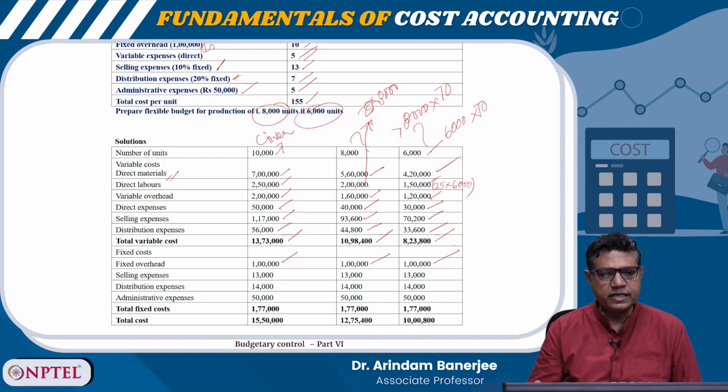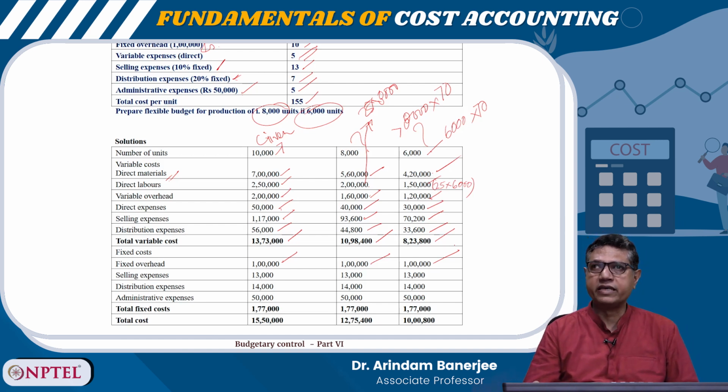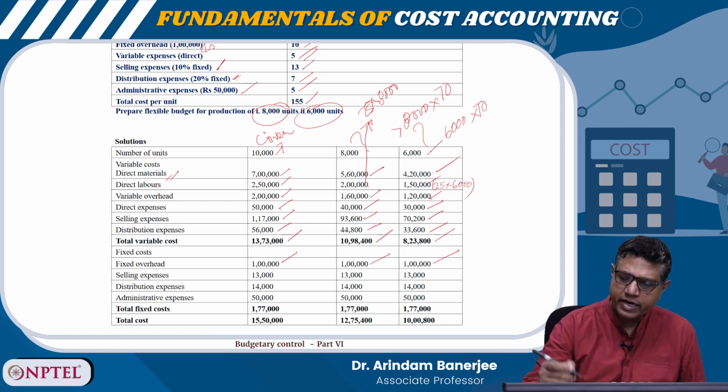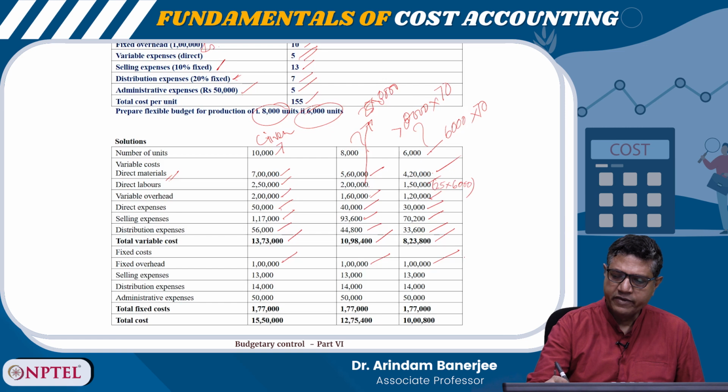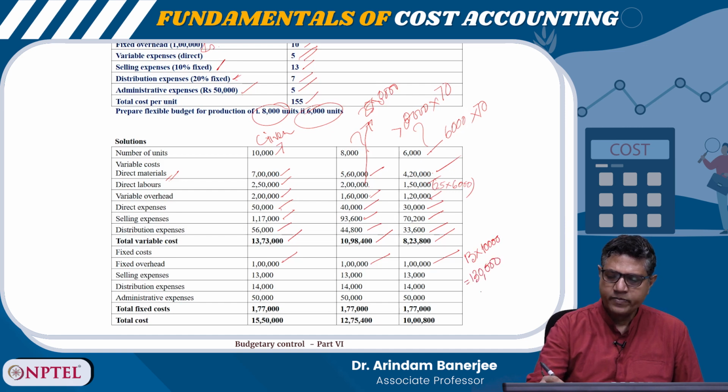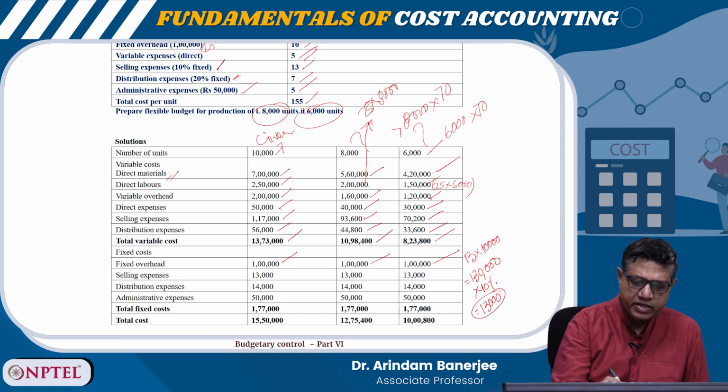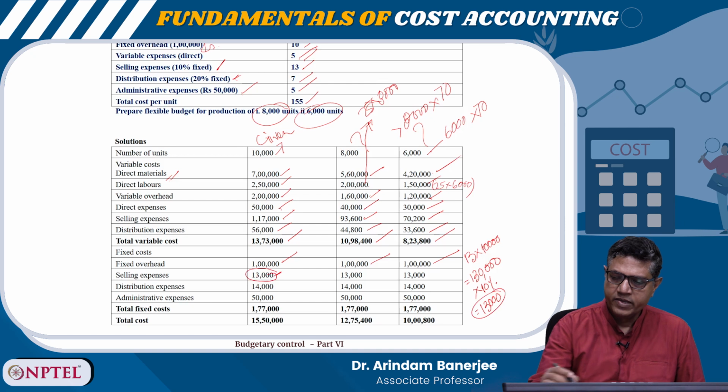Then selling expenses is 10% fixed. We can do a rough calculation here. If it is 13 per unit, then for 10,000 units the total selling expenses will be 1,30,000, out of which 10% is fixed. So 13,000 is fixed out of 1,30,000.